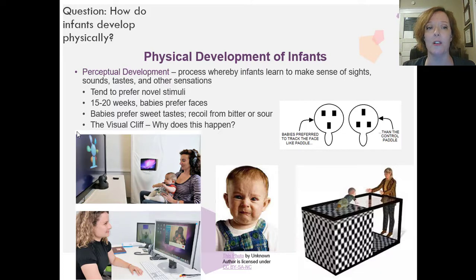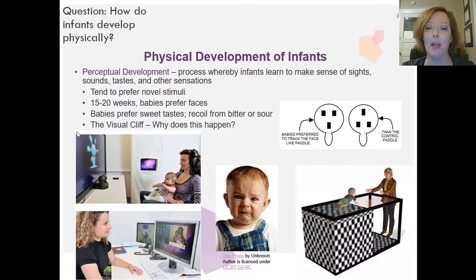There have also been studies done on babies' preferences to taste. It would appear that babies like sweet versus bitter or sour taste. They will actually make faces and, really just not enjoy it. And last on this page is the visual cliff. You see a picture down in your right-hand corner.